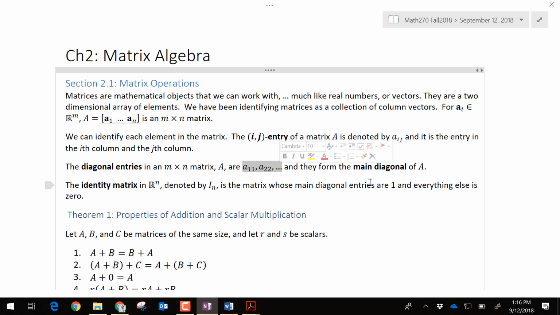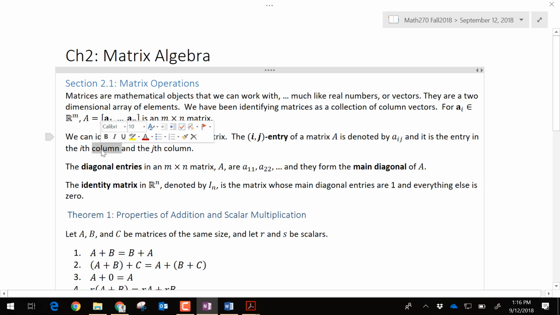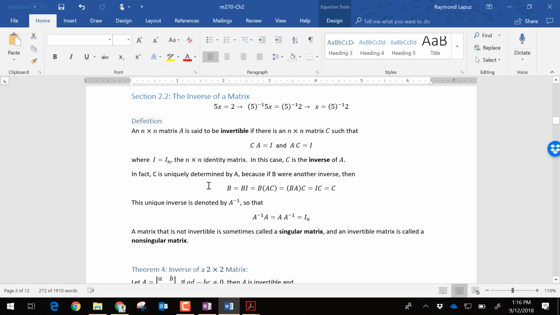Oh, that would be, which one is which? I should change that in my notes.